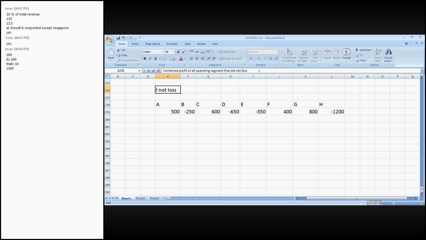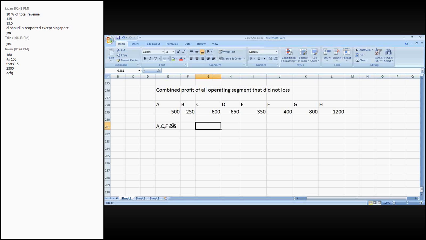Which will be the segments that did not report loss? The segments which did not report loss are A, C, F, and G. These are the segments. The combined profit of all these segments which did not report loss is, can I say 500 plus 600 plus 400 plus 800? 2300?